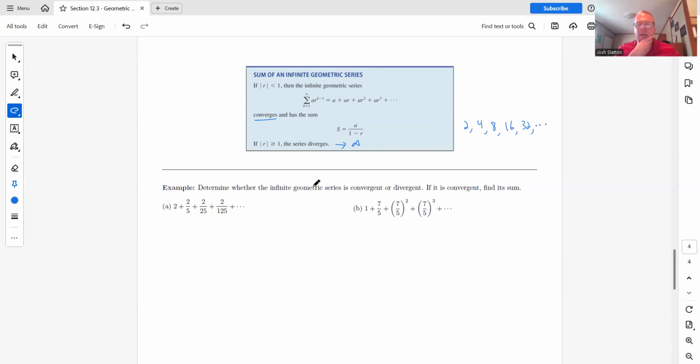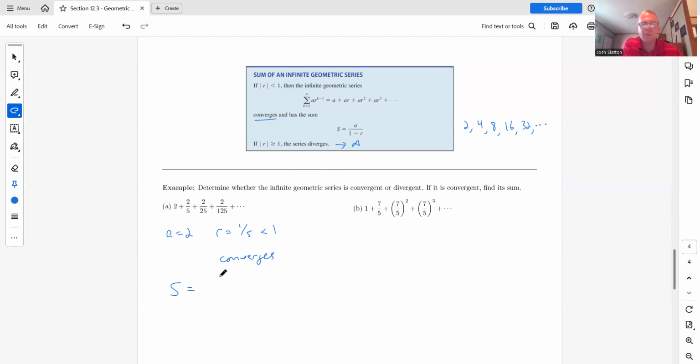If we look at these two examples, determine whether it's convergent or divergent. If it is convergent, find the sum. In this case, A is 2 and R is 1/5, which is less than 1. So this one converges. To get the sum, notice we don't have the n here because n goes to infinity.